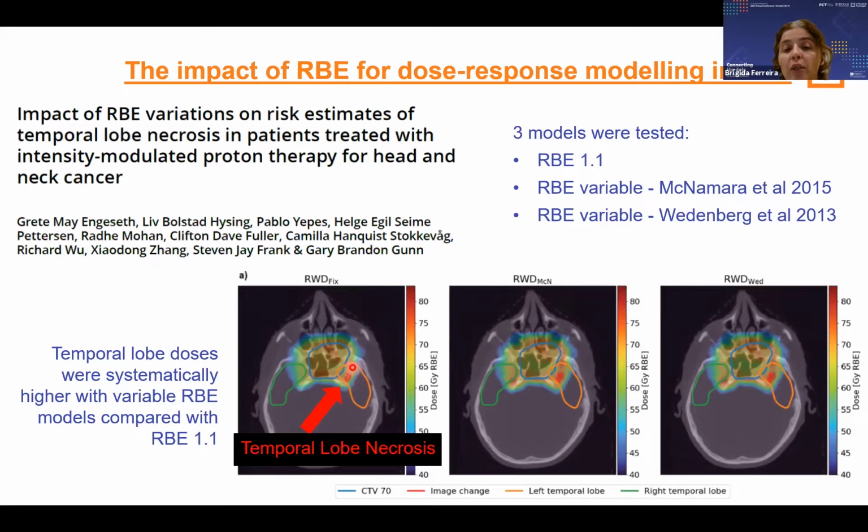Here you can see the red structure, and these image changes were considered surrogates for temporal lobe necrosis. You see that when you consider a variable RBE, the doses are much higher than when you use an RBE value of 1.1.